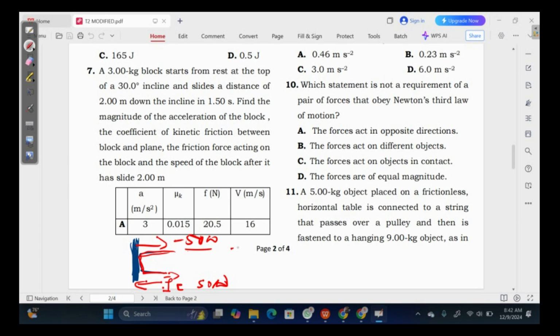So that's what we call, for every action there is an equal but opposite reaction. So the magnitude is going to be the same but in opposite direction, and they are acting on different objects. So based on this information, I believe we can choose the best answer.